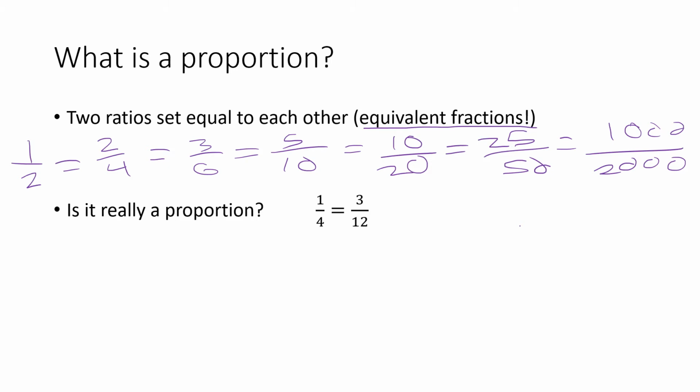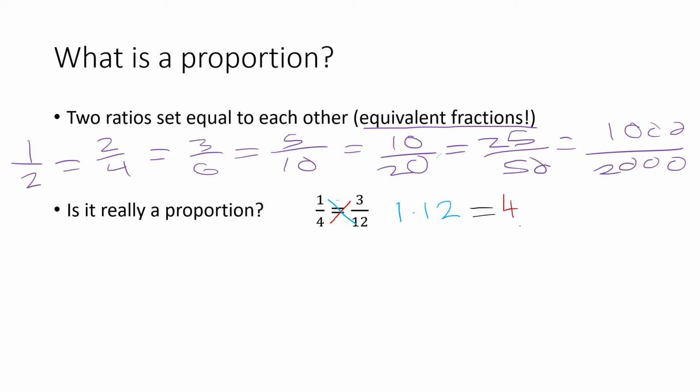So how do we know if we really have a proportion, if we're given two numbers set equal to each other? The nice thing about proportions is their opposite corners will always be equal. We should be able to multiply 4 times 3, and we should be able to multiply 1 times 12, sorry, and they should be equal to each other. So let's check real quick. 1 times 12, and we are going to set that equal to 4 times 3.